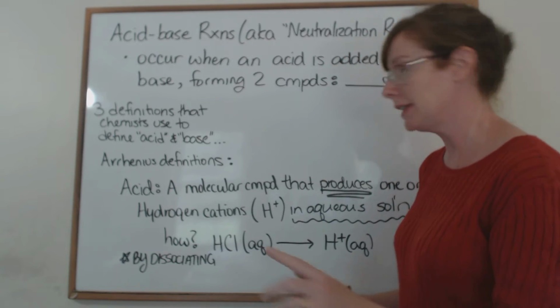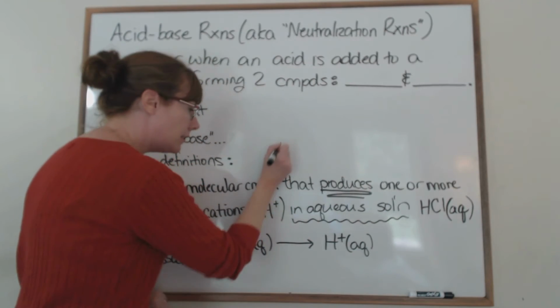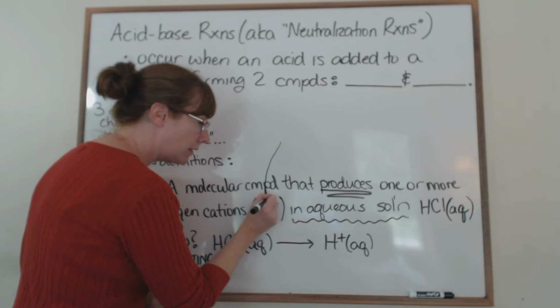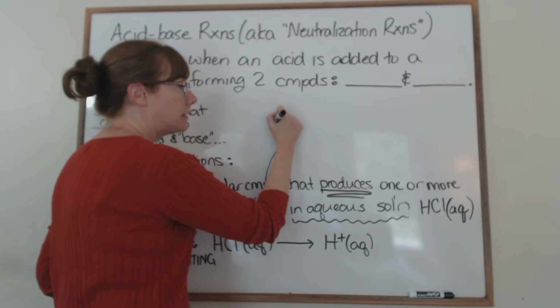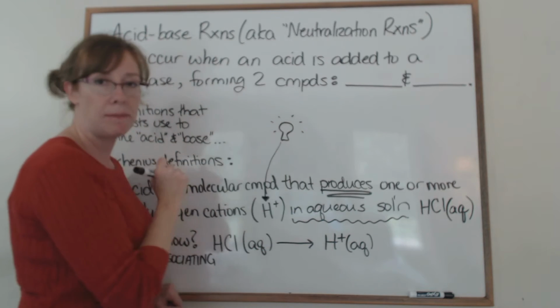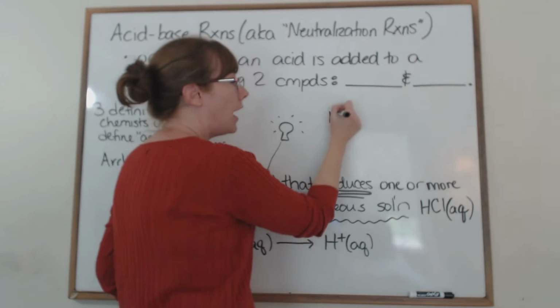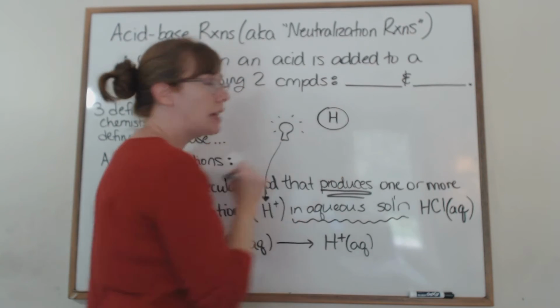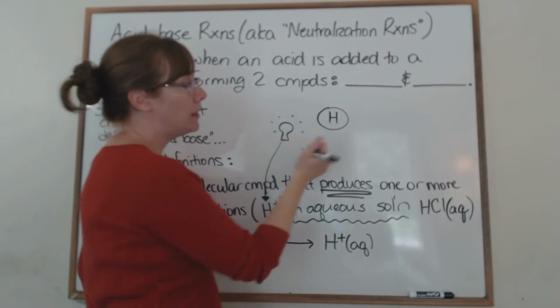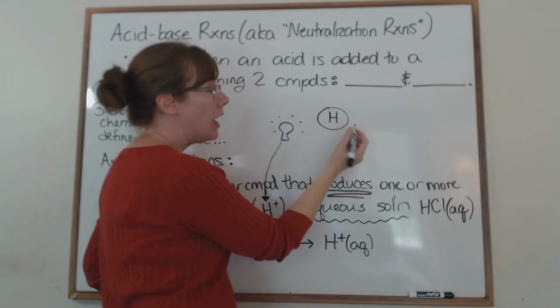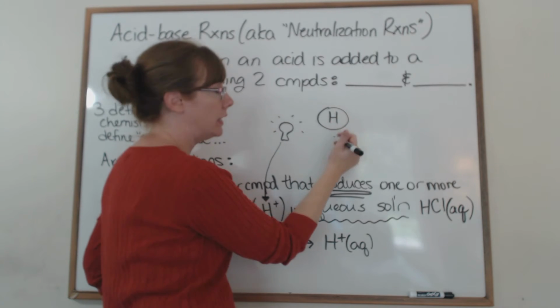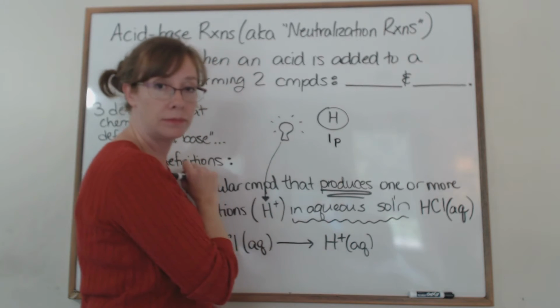Actually, let me back up for a second here. Let's think about H+ for a second with me. Can we think about just the hydrogen atom for a minute? Are you all with me that the hydrogen atom has a 1+ nucleus? It has one proton.